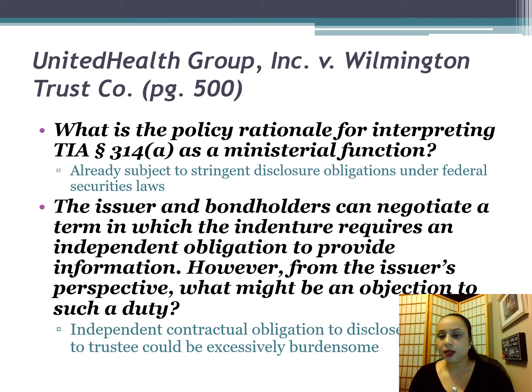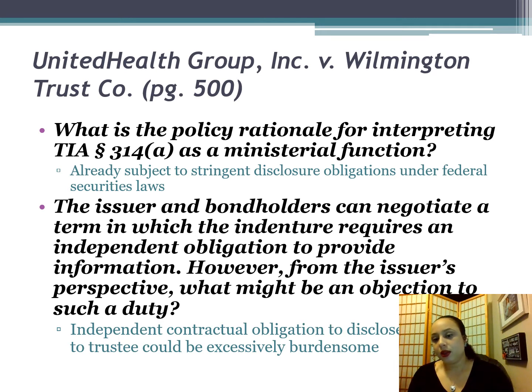And so to create concurrent obligations that carry a lot of teeth and weight perhaps would be excessive, which is very much related to this next question. The issuer and bondholders can negotiate, right? They get to negotiate a term in which the indenture requires an independent obligation to provide information. However, from the issuer's perspective, what might an objection be to such a duty?